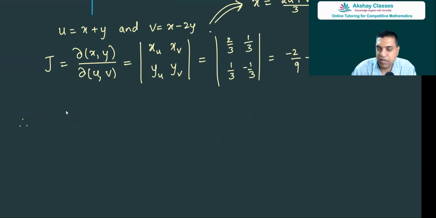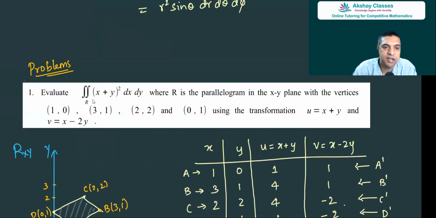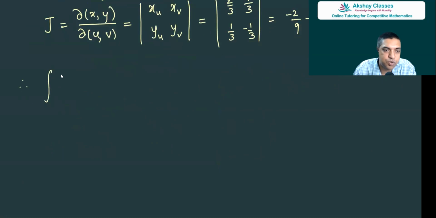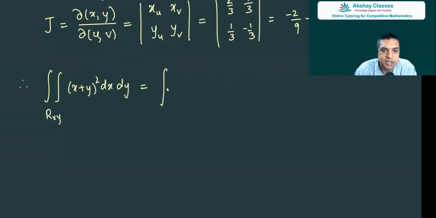So evaluating, what is the integral? Integral (x plus y) whole square dx dy. So integral on this region (x plus y) the whole square dx dy is equal to integral on the region uv.